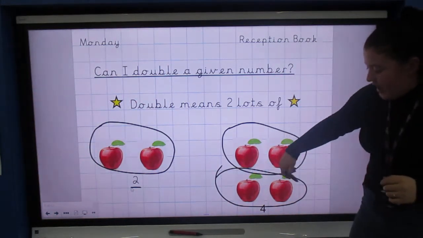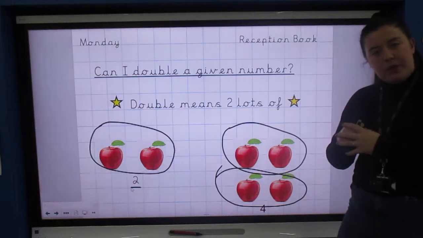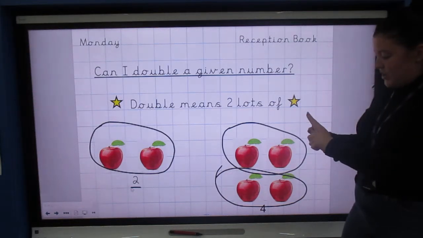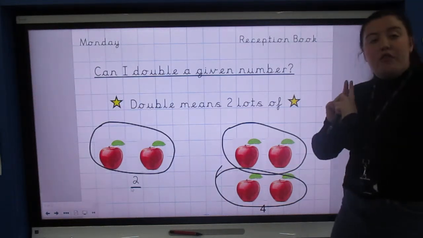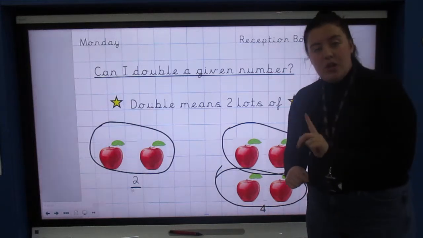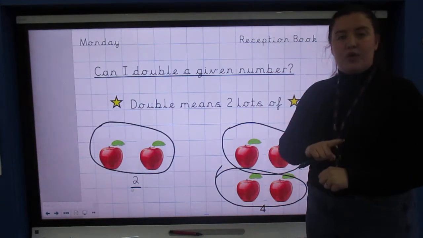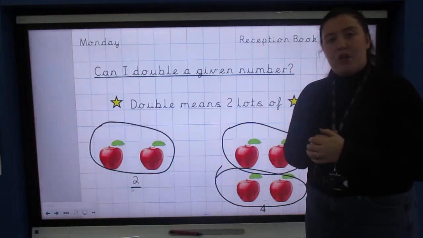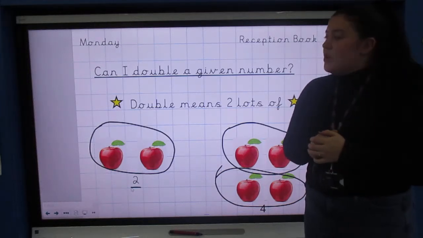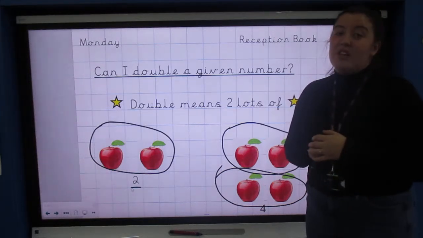And how many have I got in there? I've got 2. So 2 add 2 makes 4. So double 2 is 4. 2 lots of 2 equals 4. So that's how we double a number, okay? Now well done if you've kept up with me, because that's very tricky.